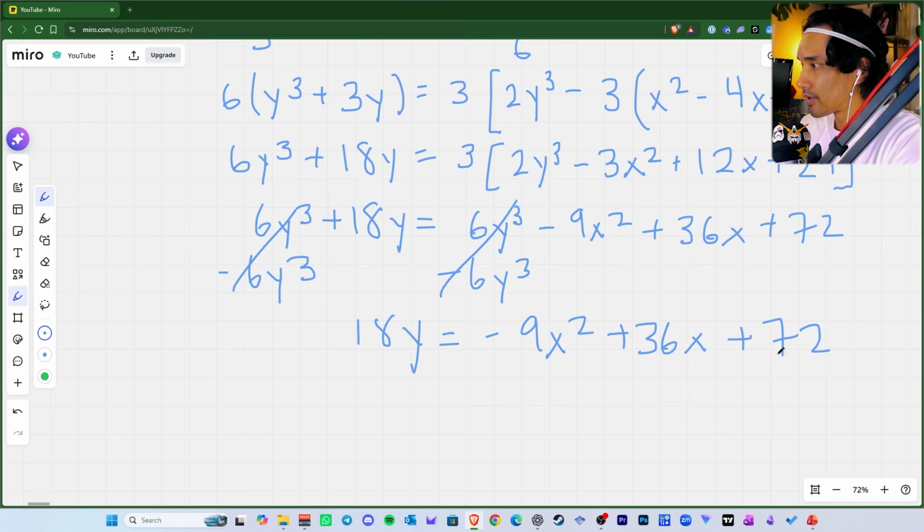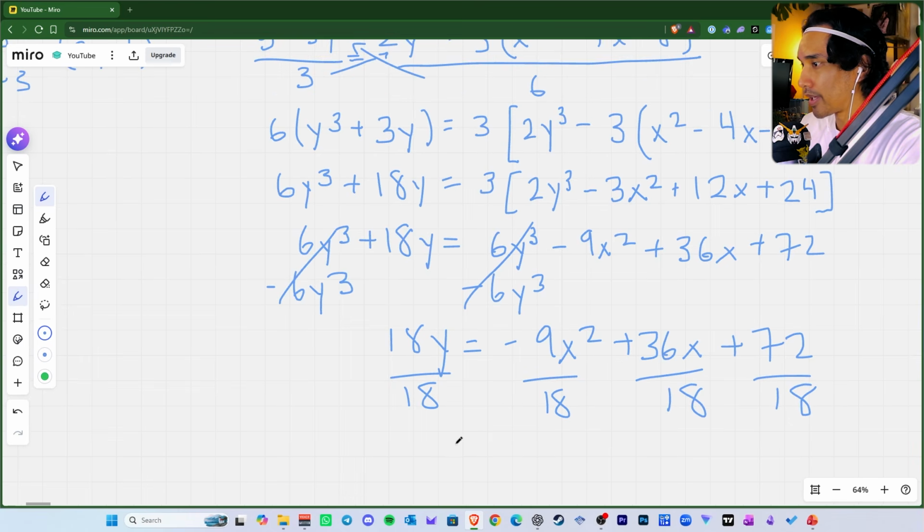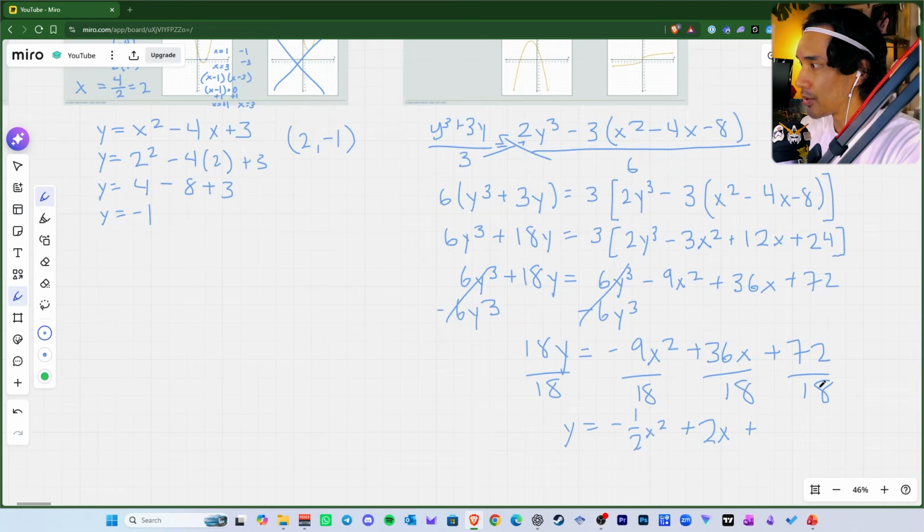Well, if we look here, each of these are multiples of 9. I don't know if that's the correct term, but if we divide by 18, divide by 18, divide by 18, and divide by 18, we get y is equal to negative 1/2 x squared, plus 2x, and plus 72 divided by 18 is 4.